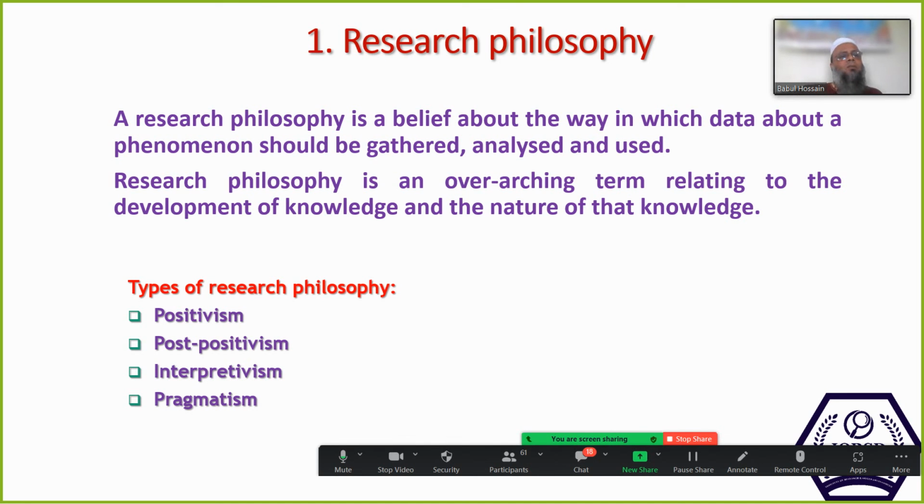But in positivism, for solving any problem, we bring the theory first, and that is why it is called the deductive approach. Then from the theory we go to an extensive literature review to find the related factors affecting the problem. We develop hypotheses based on the relationships between the factors from the literature, and we develop the framework.